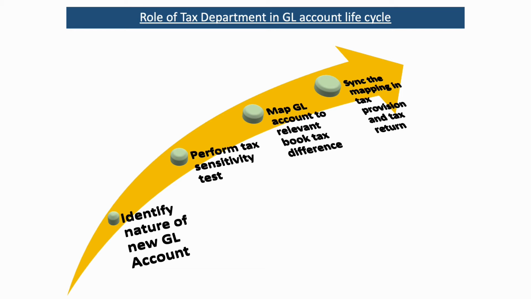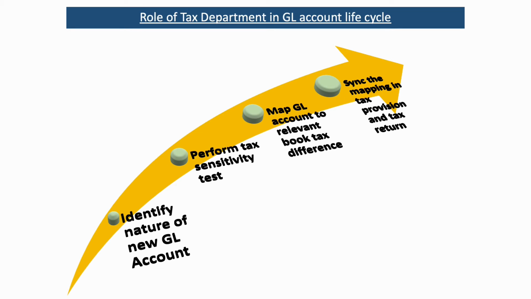And then, as we discussed, we map that GL account to the relevant book tax difference which already exists in your work papers and on your tax return. And then the last step is to sync the mapping of that GL account in your provision work papers and tax return work papers.